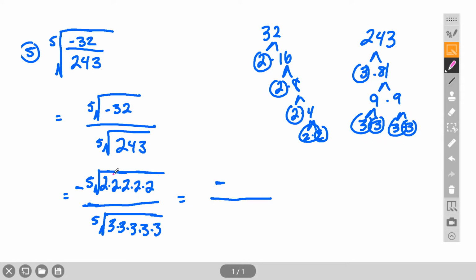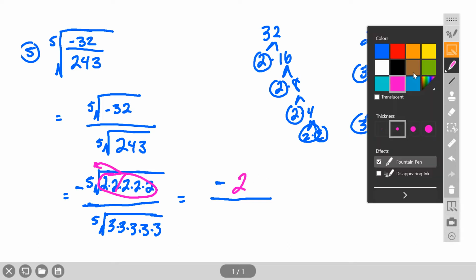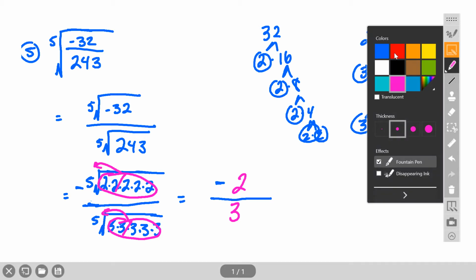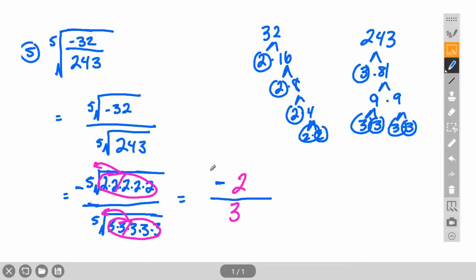Now, 1, 2, 3, 4, so 5 2's come to the outside. So the numerator is negative 2. And in the denominator, I got 5 3's, those 5 3's come outside. So that's 3 on the bottom. So that just simplifies to negative 2/3.